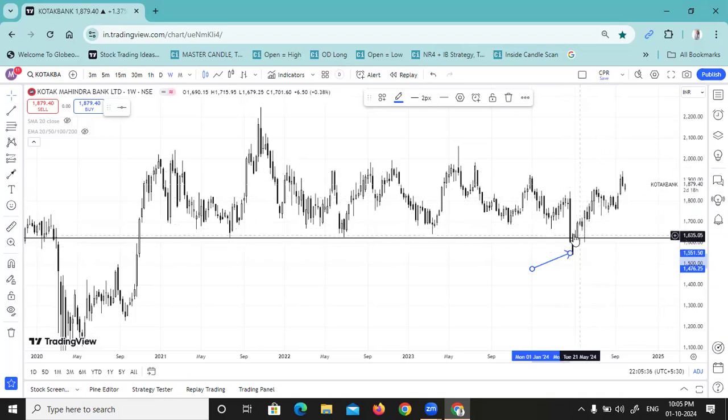So this type of breakdown, now it will appear to you that here it broke support, right? It is looking like a support breakdown, correct?